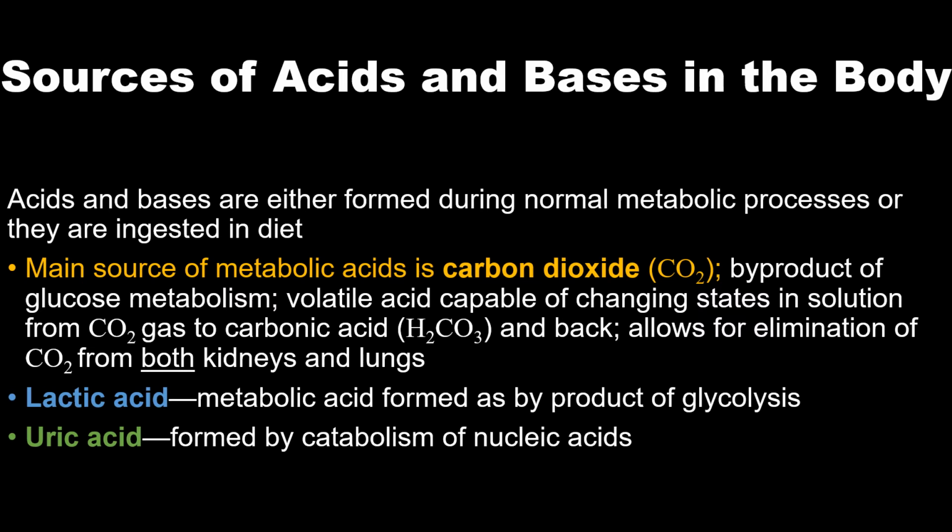The body has other metabolic acids like lactic acid as a byproduct of glycolysis, uric acid produced by breaking down nucleic acids, intermediates of the citric acid cycle are acids, acidic ketone bodies are produced from fat breakdown, and these acids are not volatile acids, these are fixed acids because they cannot change from a liquid state to a gaseous state, and so they all have to pass through the kidneys.